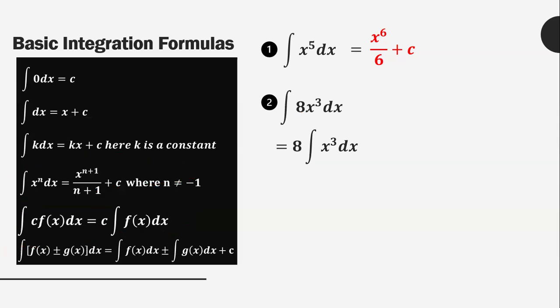So that's 3 plus 1. Then we will copy 3 plus 1 here. So the answer becomes 8 x raised to 4 over 4 plus c. Then simplifying 8 divided by 4, that becomes 2x to the 4th plus c.